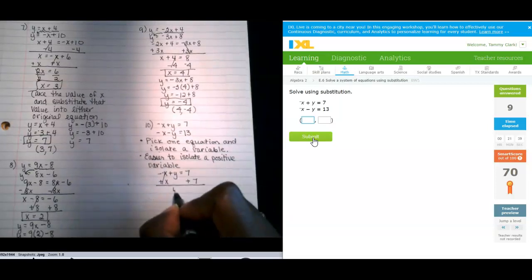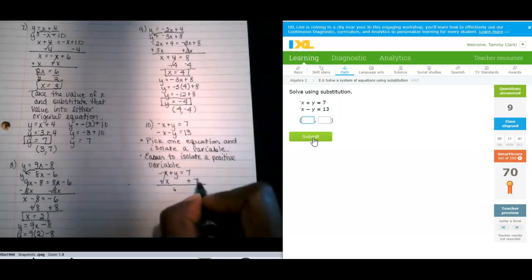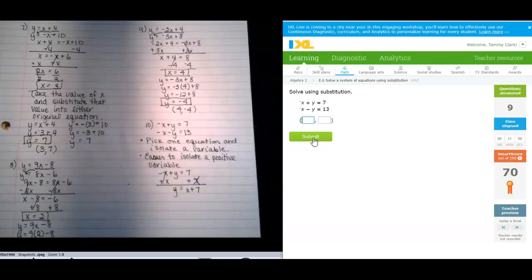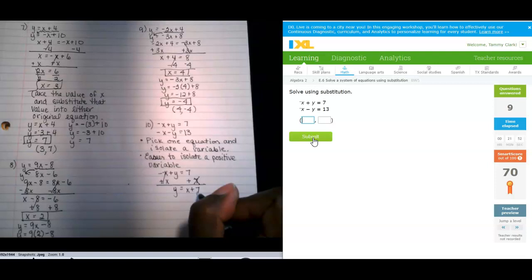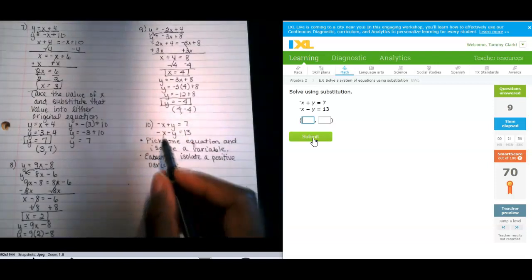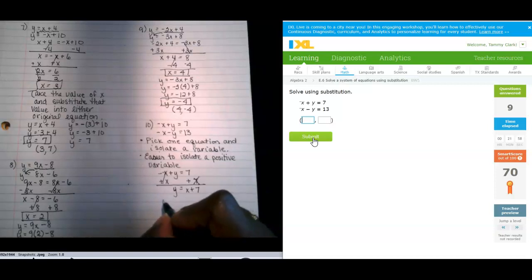I meant to write x and I wrote 7. There we go. Y is equal to negative x plus 7. Now, I've isolated the variable on my first equation. So now, in my second equation, where I see the value of y, I'm going to replace it with negative x plus 7.